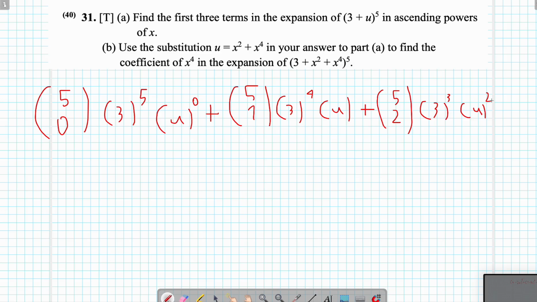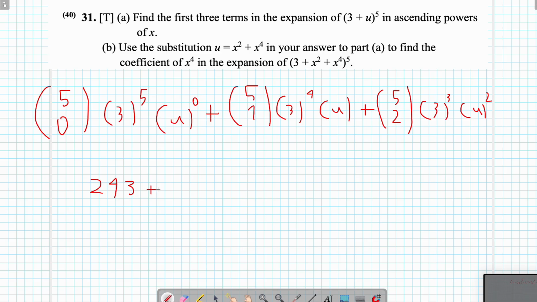And again, we're going to simplify. So 5C0 is 1, so 3 to the 5 is 243. 243 plus 5C1 times 3 to the 4.